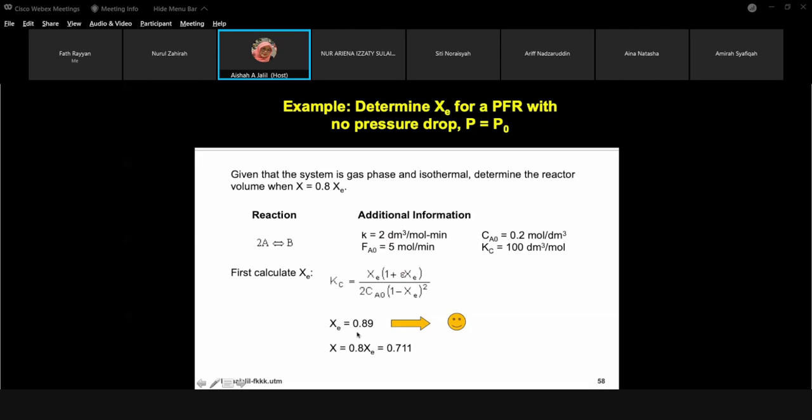Be careful whether the question wants you to use the Xe or the overall X. This is just for the Xe, 0.989, but for the overall, you have to multiply 0.8 with Xe, so you can get the reduced one.